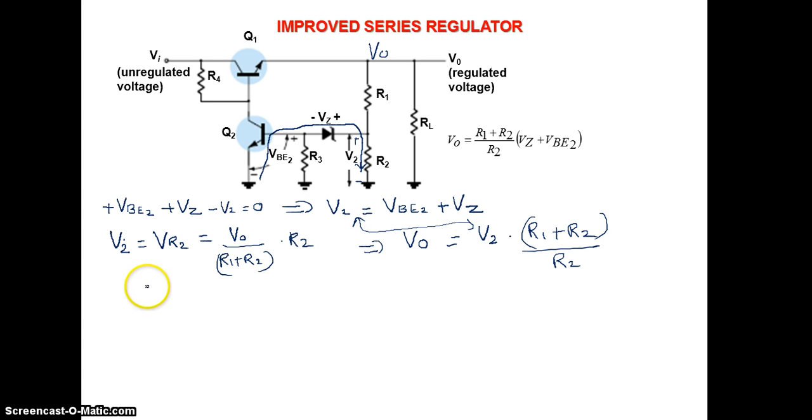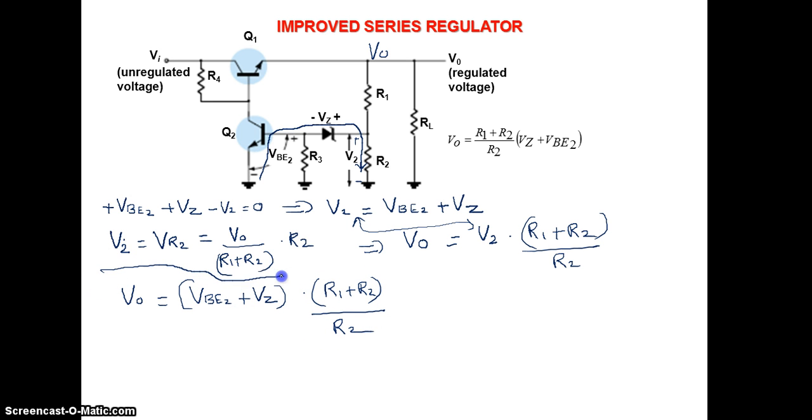So you will get V out equal to VBE2 plus VZ into R1 plus R2 divided by R2. So this is the expression for V out for an improved series voltage regulator.